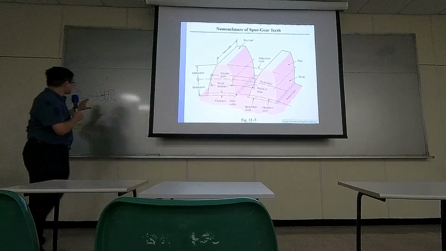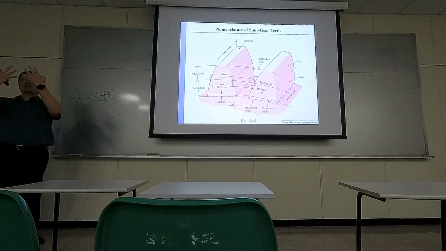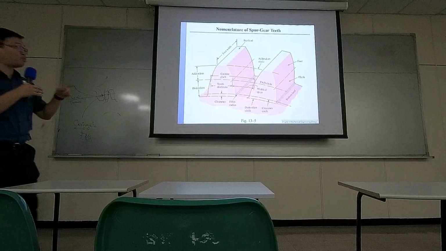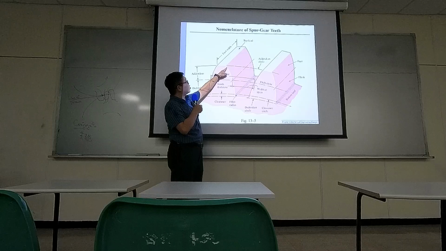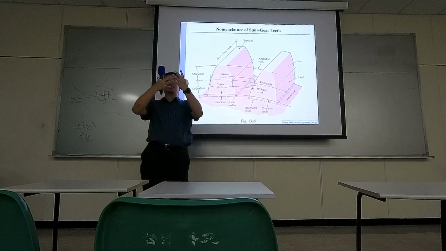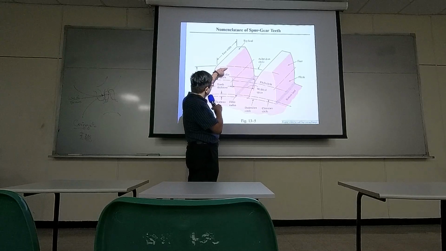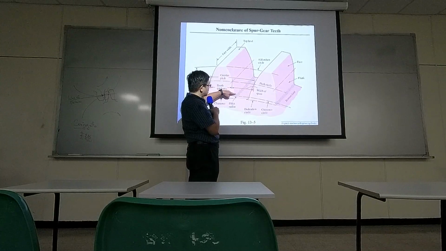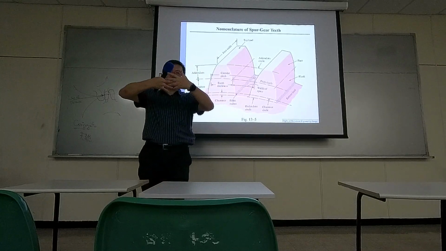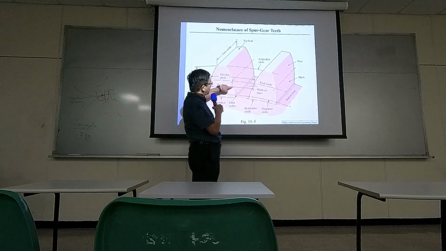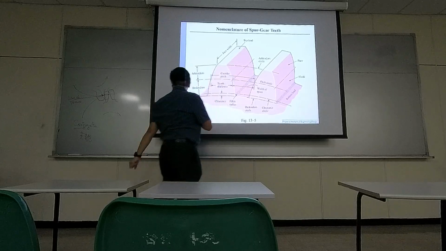Because when two teeth start to interact, the contact point may be close to the tip. And when it starts to do this conjugate motion, the contact point slides down to the root. And then when they start to get away from each other, the contact point slides back to the tip.